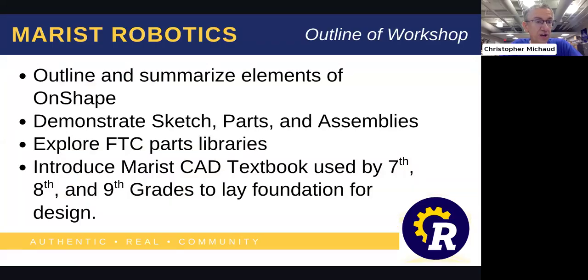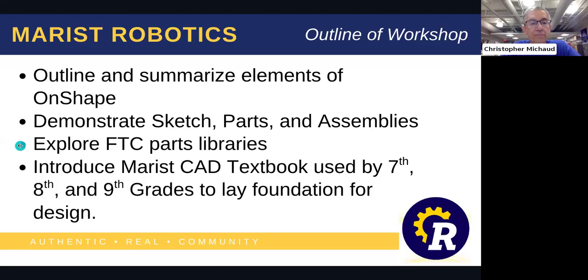So our outline of our workshop, what we're going to work on is summarizing the elements of OnShape. Here is the user interface. Here's how this works. Again, designed for the beginner, designed for someone who is new. I'm going to fire up OnShape, and I want to demonstrate the sketch and parts and assemblies, just to give you a visual of what it's like to use.